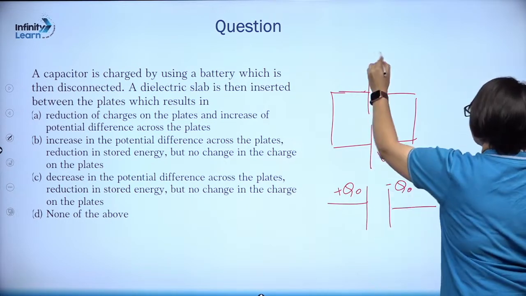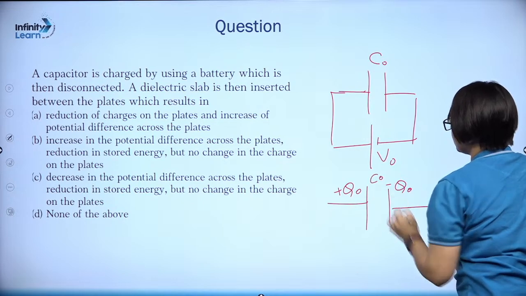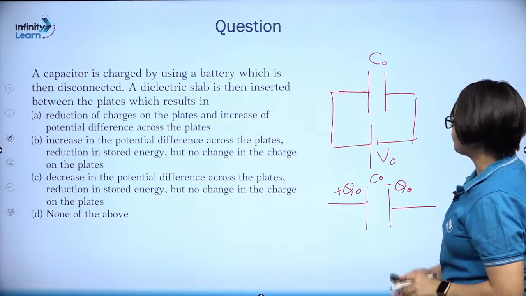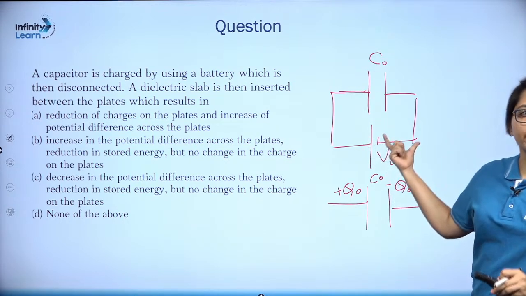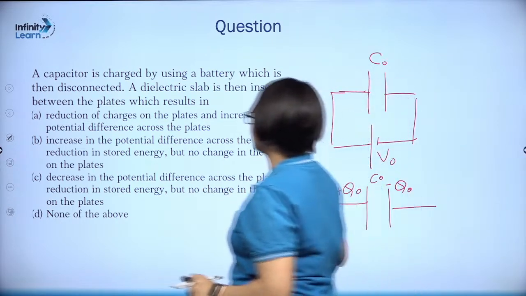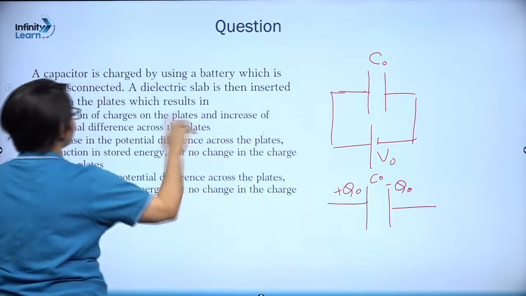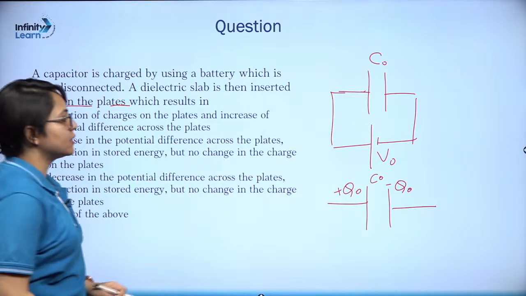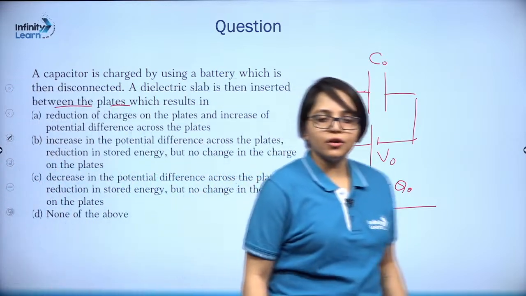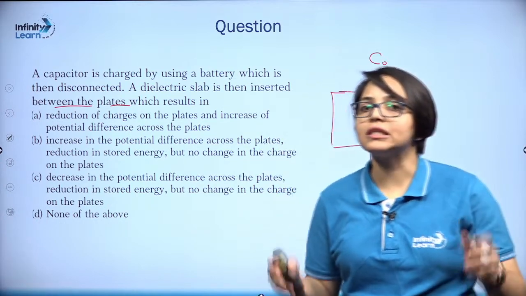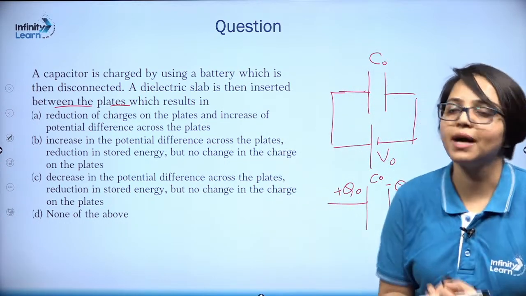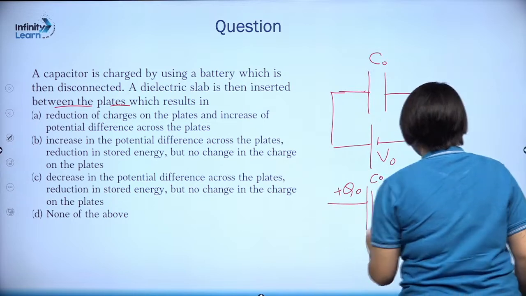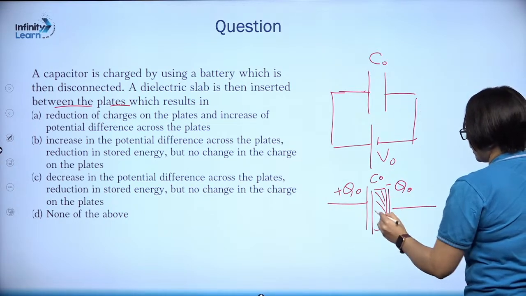Now initial capacitance value is, let's say, C naught. Then after disconnecting the battery, we are inserting a dielectric slab between the plates of the capacitor, having dielectric constant, let's say, K.